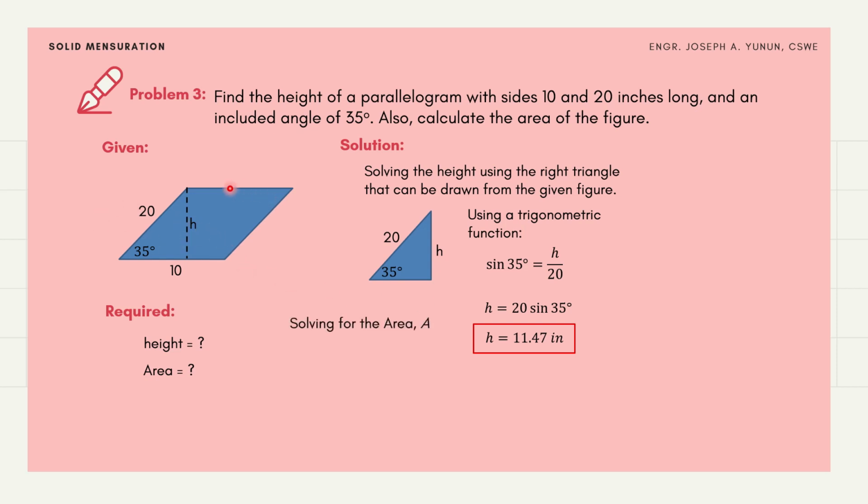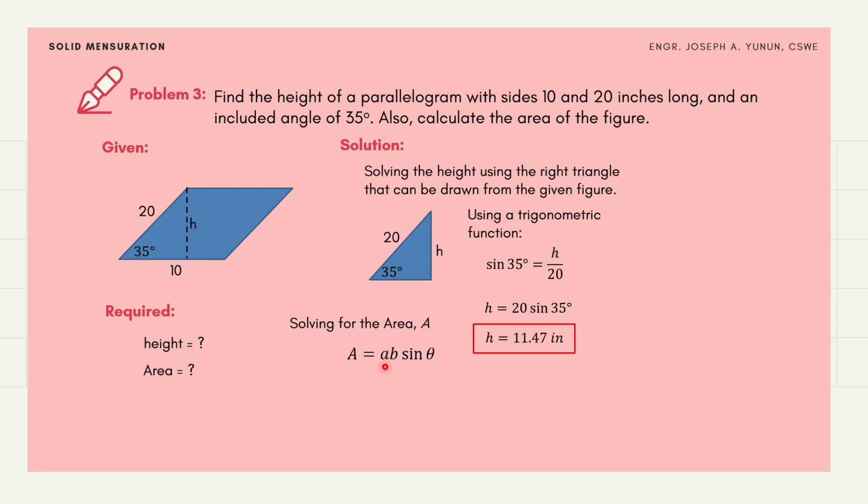Now, solving for the area of the parallelogram, right? Based on the given figure, I have here two sides and an included angle. So I may use one of the formulas, which is AB sine theta. So area is equivalent to the product of the two sides and then the sine of the included angle. A is 10 and B is 20.